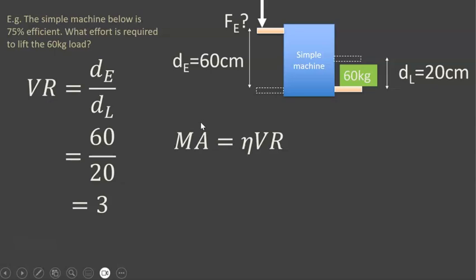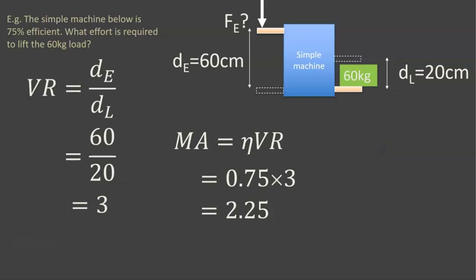Looking at our definition of efficiency and rearranging that, the mechanical advantage is only going to be 75% of that 3. So 0.75 times 3 is 2.25. So there's our velocity ratio, mechanical advantage from these relationships.